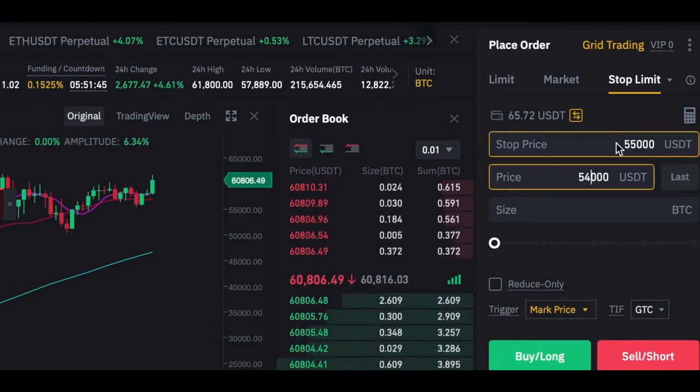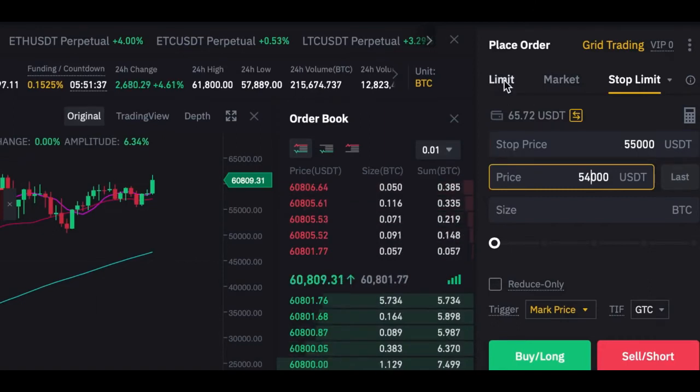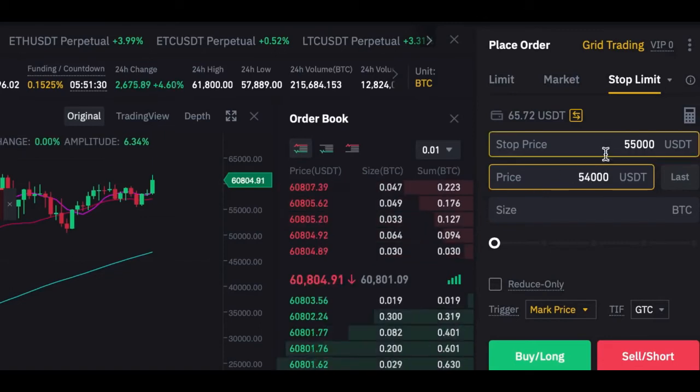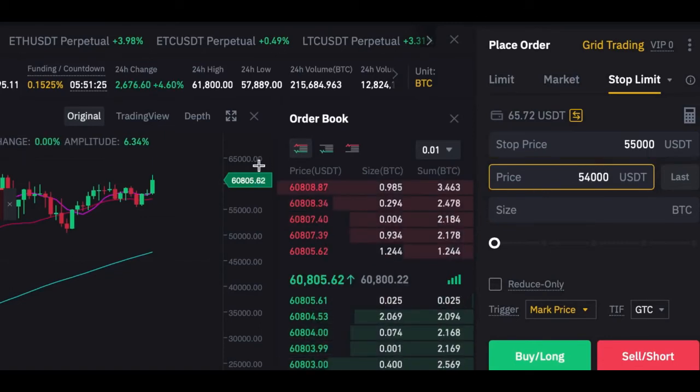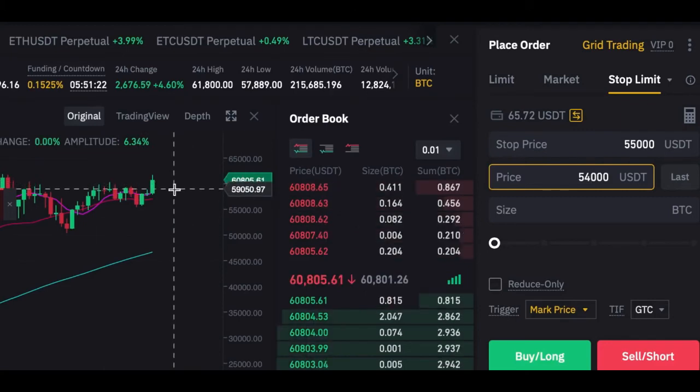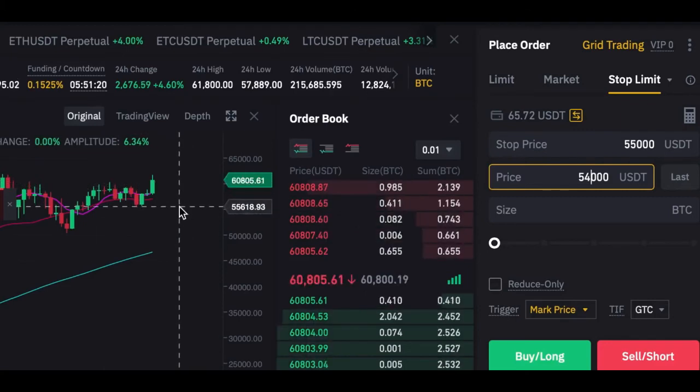The reason why you would do this is because sometimes prices are extremely volatile and you just want to, instead of putting a limit order in, because with a limit order, you can only trade at one price only. It's not going to trade above or below that price. But with a stop limit, you can give Binance a range of prices that you want to trade at. So let's say we're in at 60, the price falls down to 55, we're making a loss.